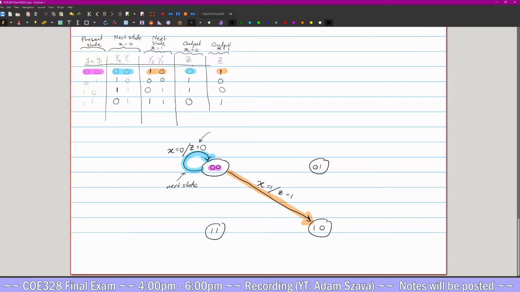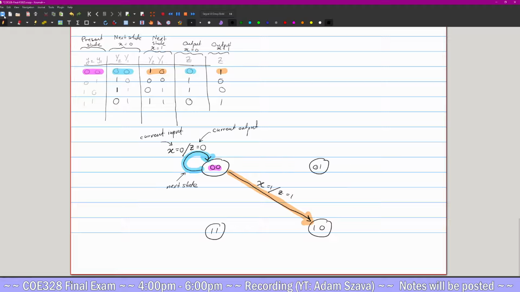And the value on the arrow is telling you what the current output is. And this is the current input. And of course, with the input, we can control what the next state is, but we can also control the output. That's what makes it a Mealy machine.